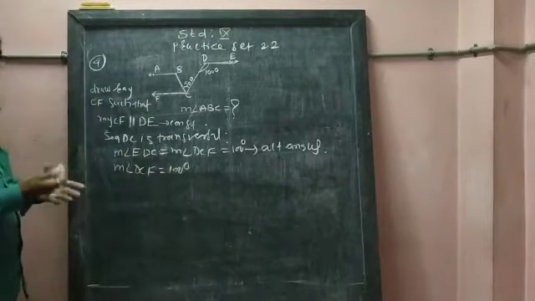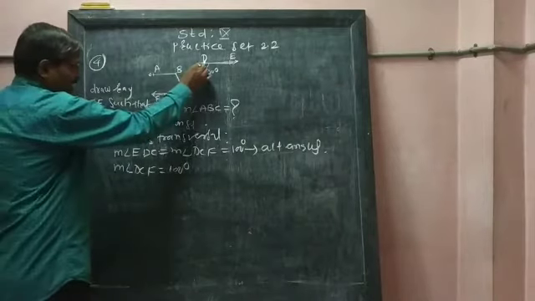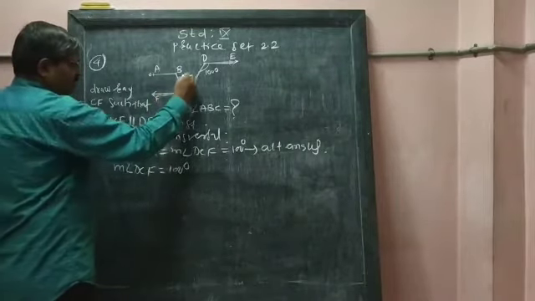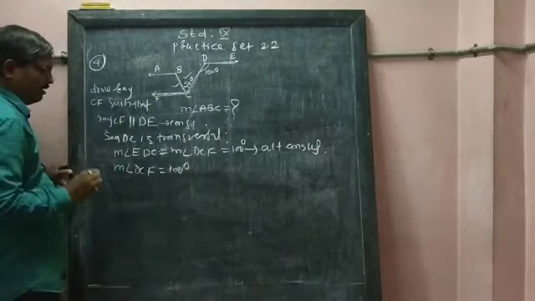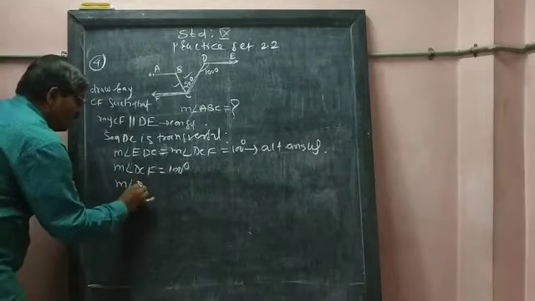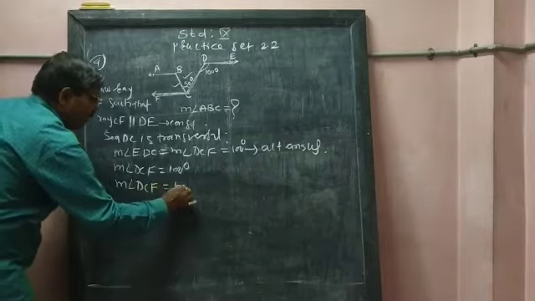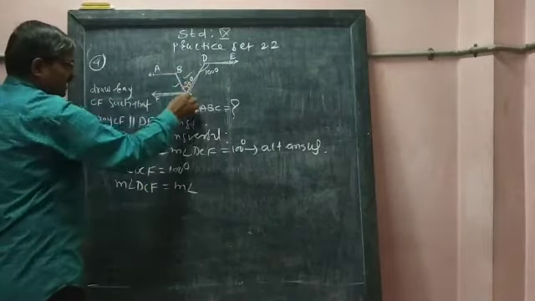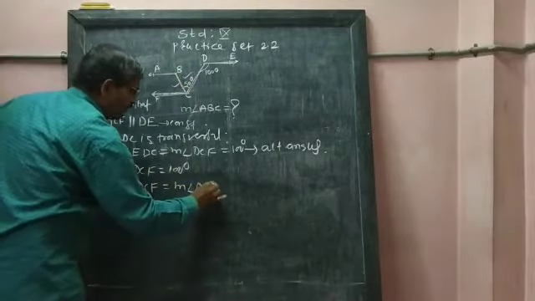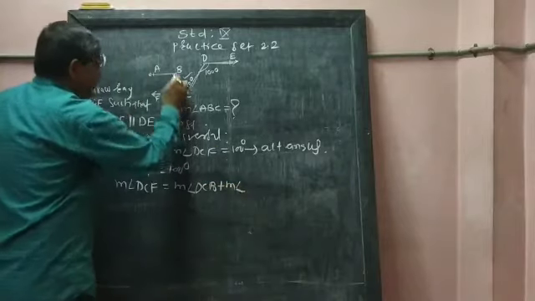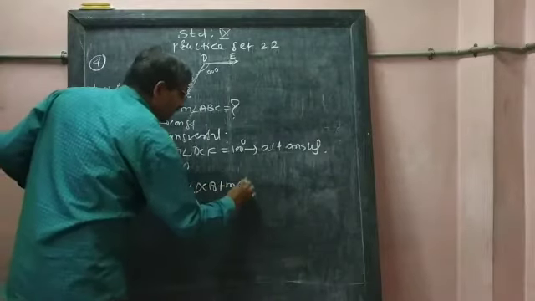But what is the situation here? Measure of angle DCF contains two angles, this one and this one. Then measure of angle DCF is equal to measure of angle DCB plus measure of angle BCF.